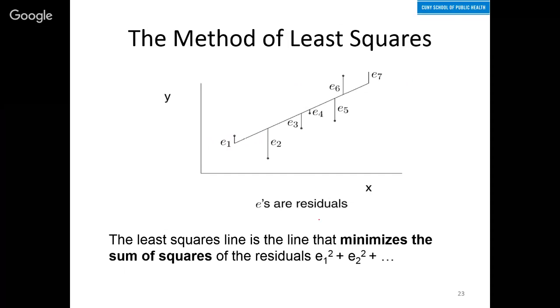The least squares refers to the sum of the squares of the residuals, and the least squares line is the line that minimizes them. That is the estimated regression line that SPSS or any other software is going to give you.